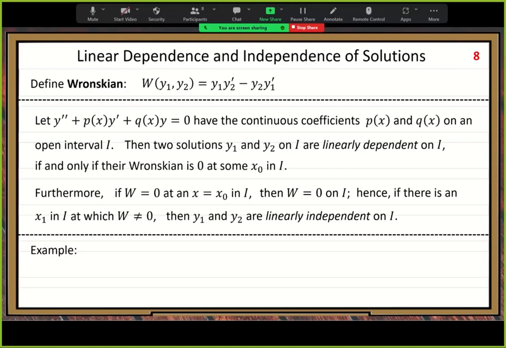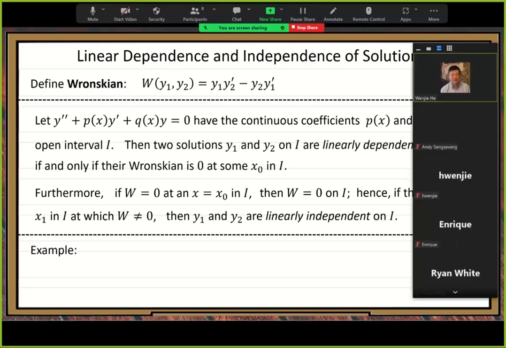Example, a simple example. Now we can go back to check. We look at this homogeneous second order linear equation with constant coefficients, so we know its solutions y1, y2 easily.